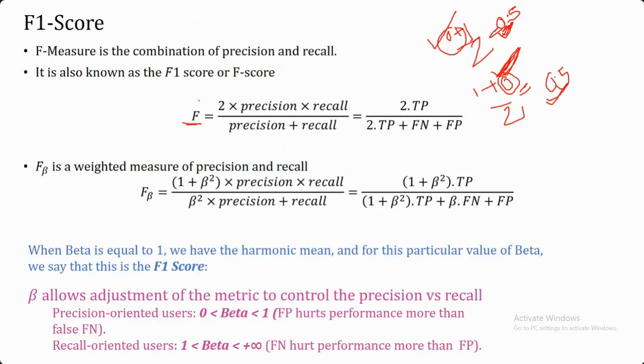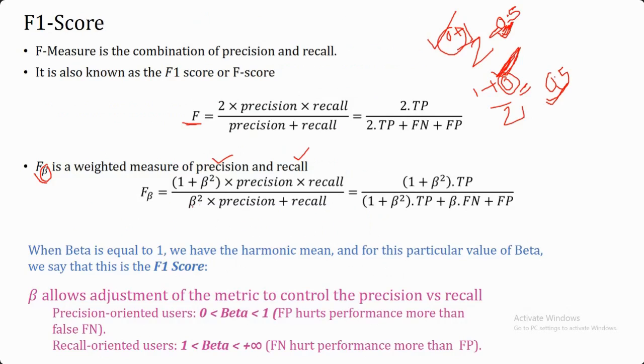Now suppose you want to give more weightage to one of the measures, like more weightage on precision, or more weightage to recall. For that we have F beta. With the help of beta, we can control to which measure we want to give more importance. If we use a value between 0 and 1, it's going to give more weightage to precision.